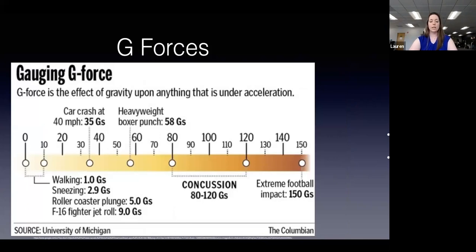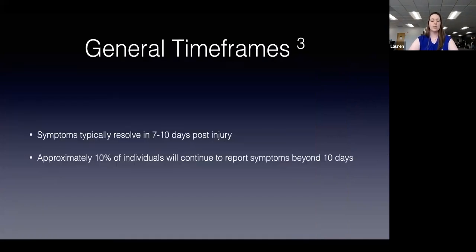General timeframes. With most concussions, symptoms will typically resolve in a 7 to 10 day time frame, but approximately 10%, and I've seen some variation in that number, ranging anywhere from 10 to 20 to 25% of individuals, will continue to report symptoms beyond those 10 days.